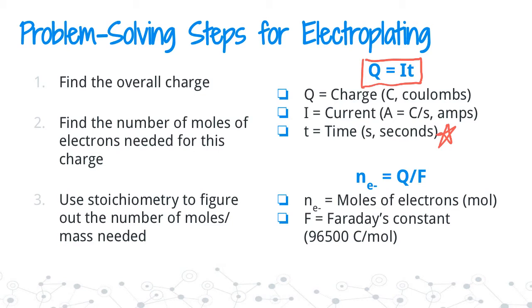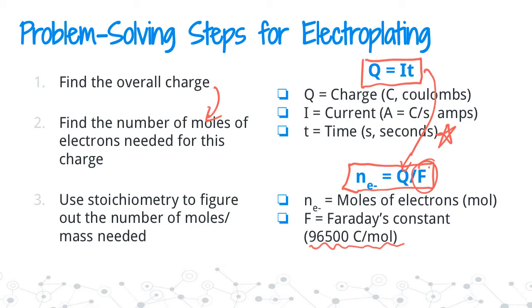Once you've found the overall charge, you're then going to find the number of moles of electrons needed for this charge. And to do that, you're going to use this equation here, where the number of moles of electrons is equal to the charge, which you calculated from this first step here, divided by Faraday's constant, which is given as 96,500 coulombs per mole.